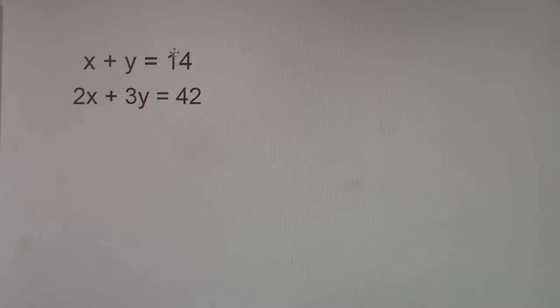So Kevin took 14 shots of 2-pointers and 3-pointers. And to find out the points, the 42 points was 2 points for every shot in the 2-point section, and 3 points for everything beyond the arc, which is represented by Y. So 2 points for every shot plus 3 points for every shot beyond the arc is equal to 42.